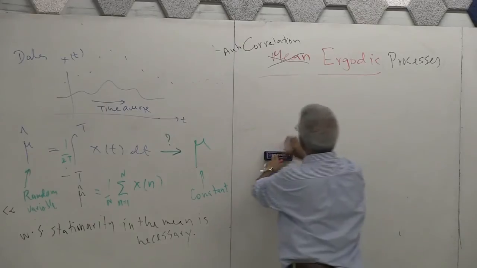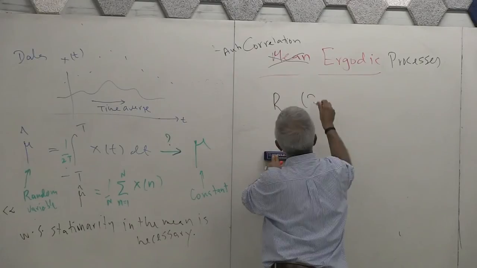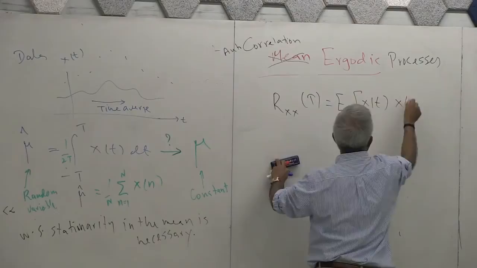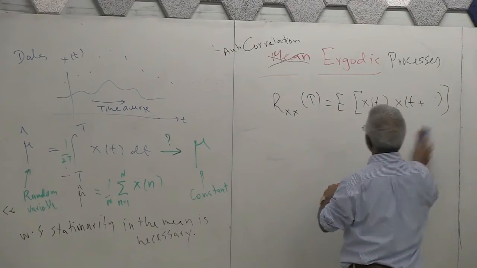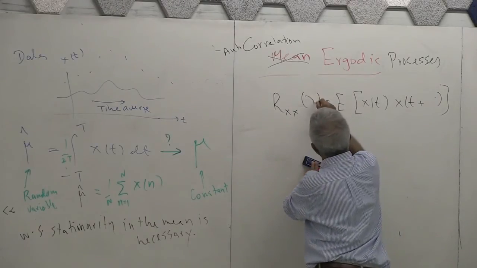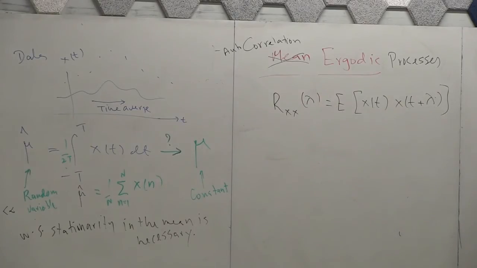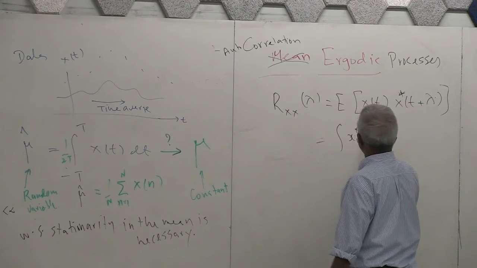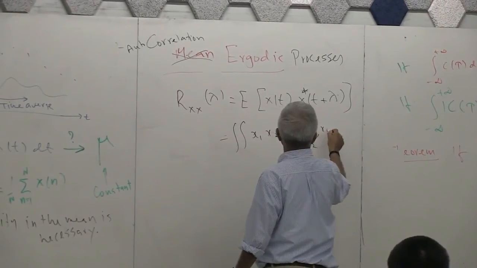So what is the problem? Look at here, R_XX. Let me replace this, because we may need that later. So R_XX of lambda or tau is that expression generally. If it is complex, then it is this. The trouble is this is the same as the integral of x1, x2, f(x1, x2; t, t plus lambda) dx1 dx2, as I explained to you.